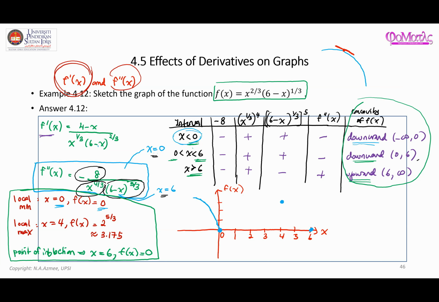Next, for x between 0 and 4, you can see that the graph is increasing. Recall that between 0 and 4, the graph is increasing, and in that interval it is also concave downward. What that means is that it is going in this direction, increasing, but going up in this manner.